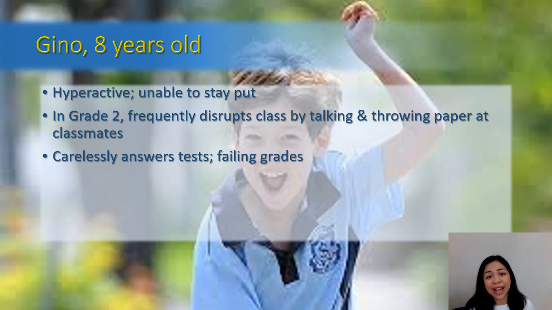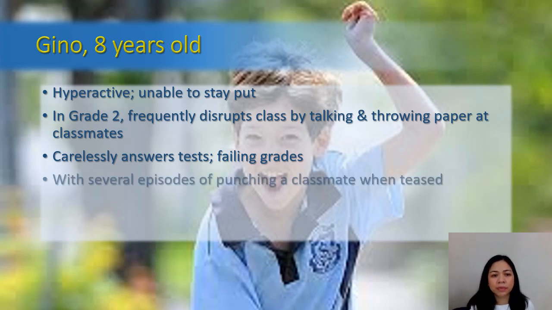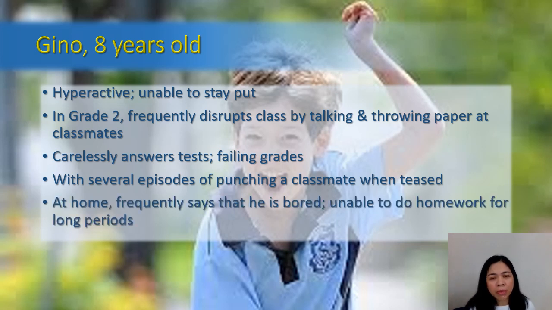He carelessly answers his tests and thus has failing grades. And then he has several episodes of punching a classmate whenever he is teased. At home, he frequently says that he is bored and he is unable to do homework for long periods.